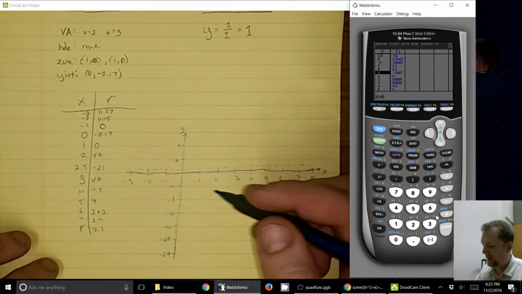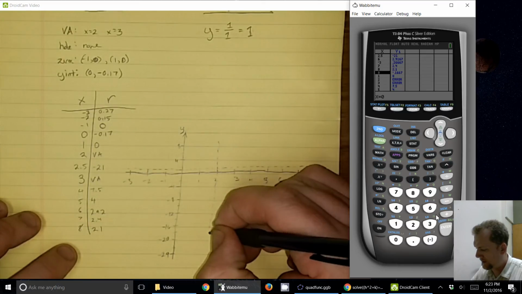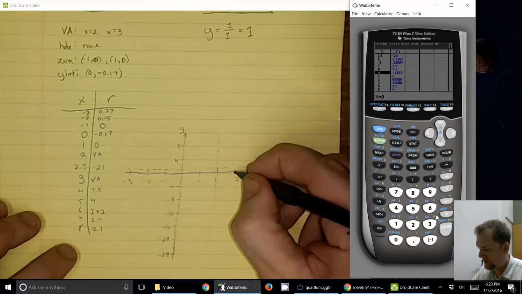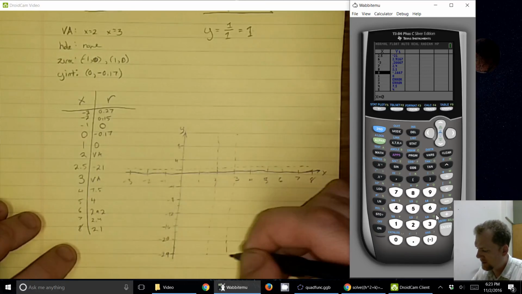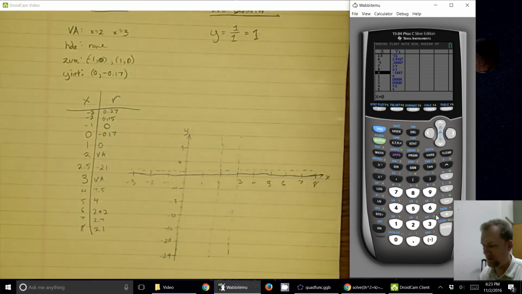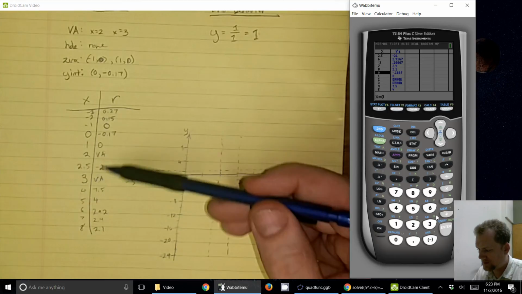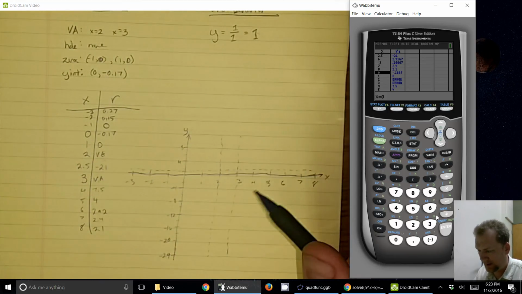The vertical asymptotes were at 2. A lot of people forget to put their horizontal asymptote in, but those are necessary. You have to put them in there. It's easy to remember the vertical asymptotes because you put them in the table. So when you're graphing, if you forget to do everything, if you see VA in there, put the verticals in, and then remember, oh yeah, I need my horizontal as well.